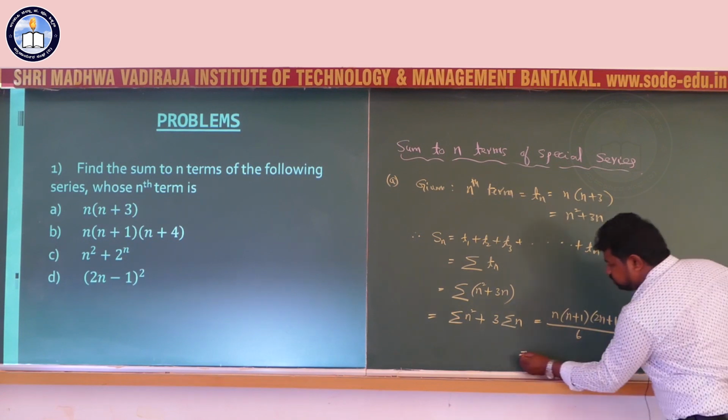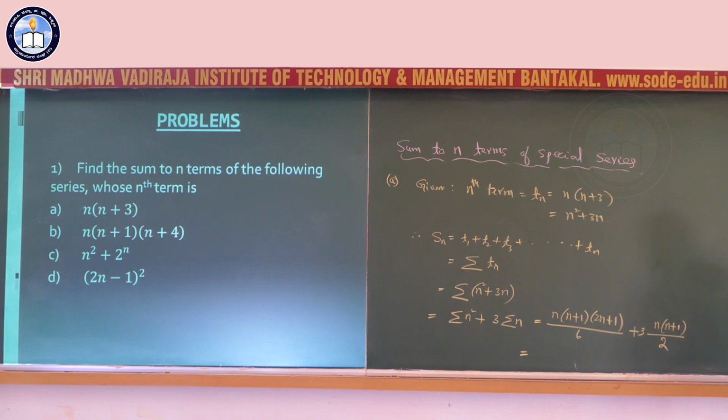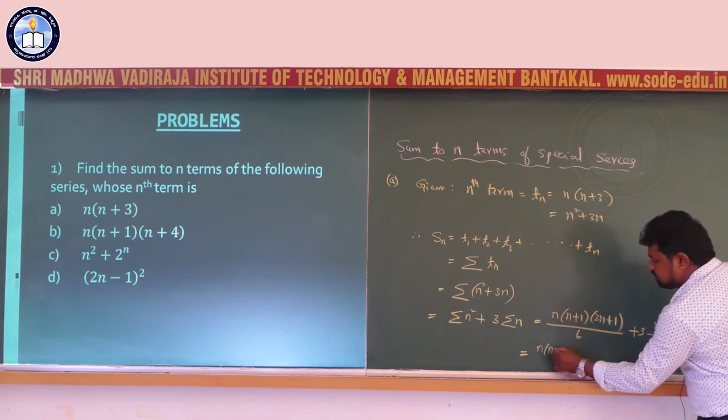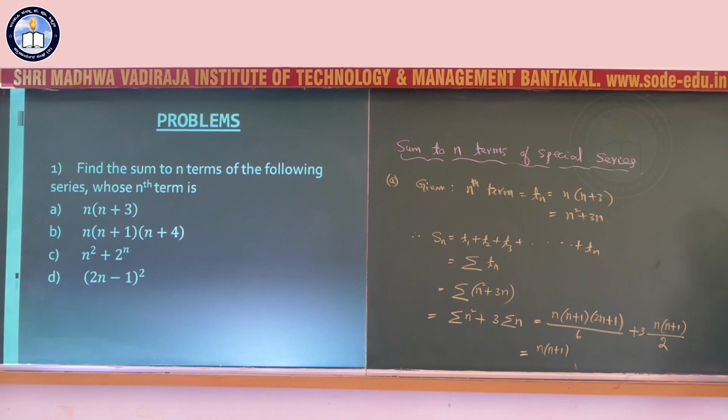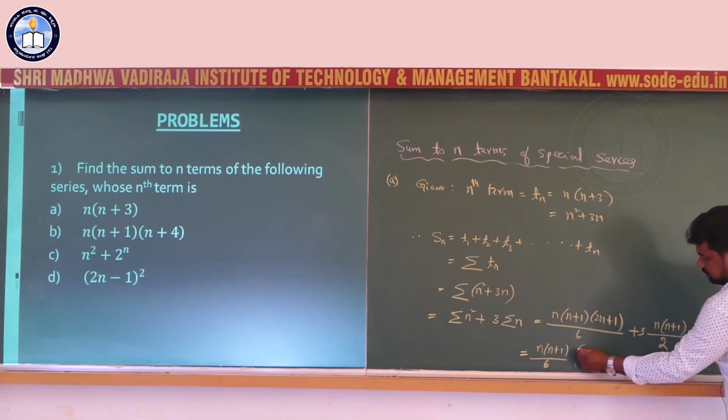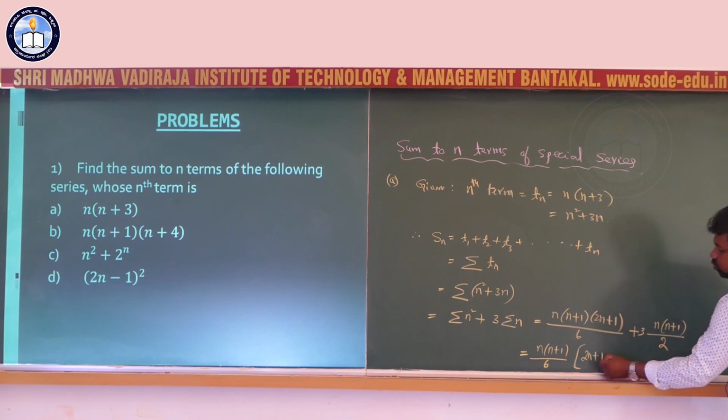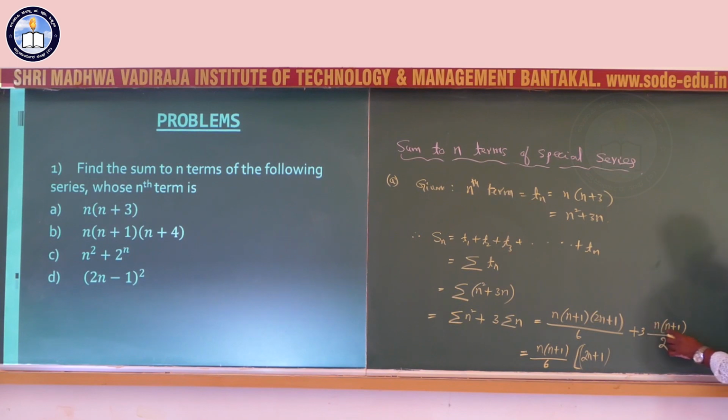Simplify this one: n is common, n plus 1 is common. I also take 6 as common outside. Here 2n plus 1 is remaining. Here only 2, so I multiplied by 3, and for the numerator also I multiplied by 3, therefore that is equal to 9.